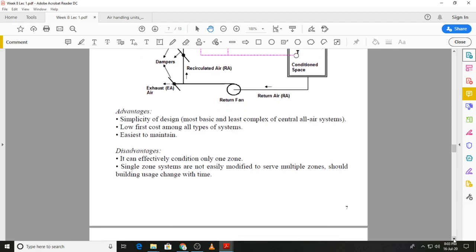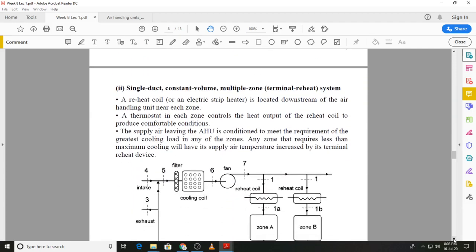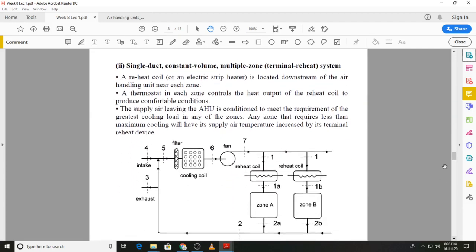So now let's look at the possibility that we still have a single duct and a constant volume system, but this time it is a system which will serve multiple zones. And for simplicity, in the schematic diagram I have shown two zones.